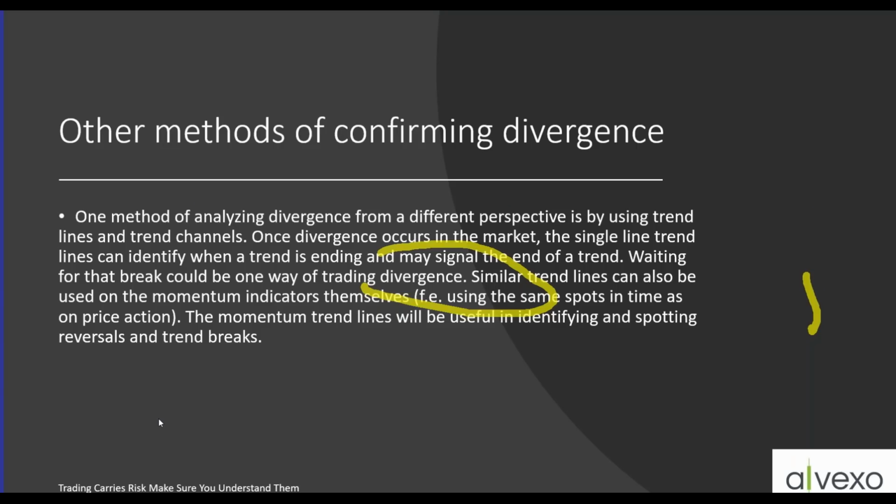So there are other methods of confirming divergence. One method of analyzing divergence from a different perspective is by using trend lines and trend channels. Once divergence occurs in the market, a single trend line can identify when a trend is ending and may signal the end of a trend.